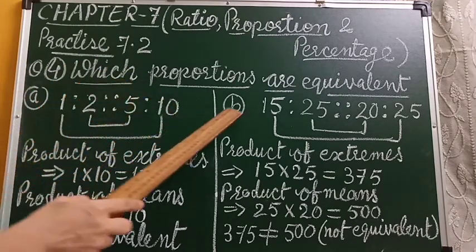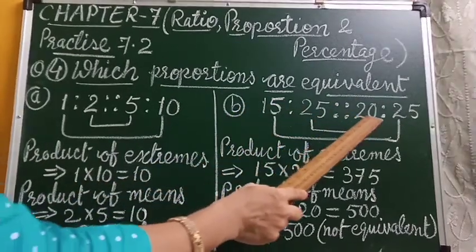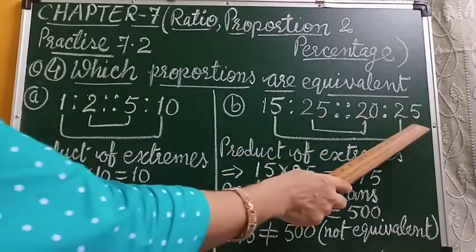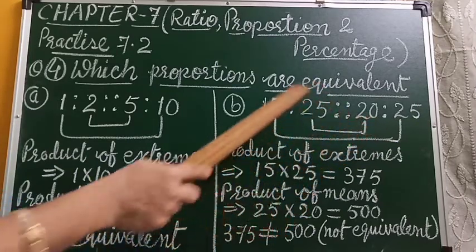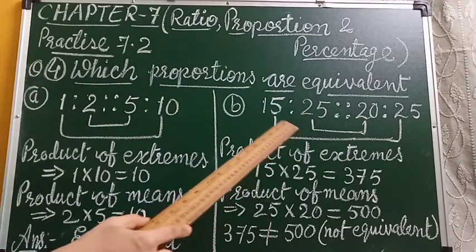In the second question, again a proportion is given: 15 is to 25 proportionate to 20 is to 25. Here the extremes are 15 and 25 and means are 25 and 20. So to check equivalence of proportion, we have to check whether their products are equal or not.